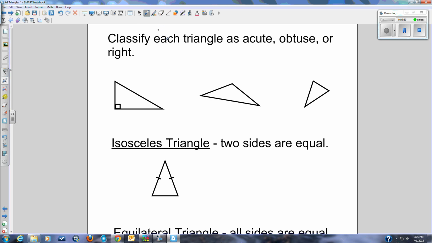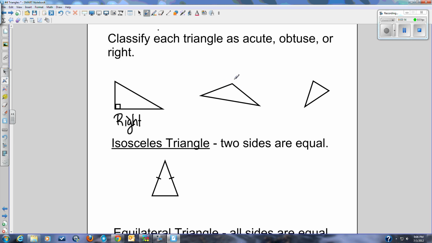We want to classify each triangle as acute, obtuse, or right. Now the first one we look at has a right angle marked in it. So we know that this is a right triangle. The next one, we want to see if it has an obtuse angle or not. And it's an obtuse angle if it opens more than halfway.